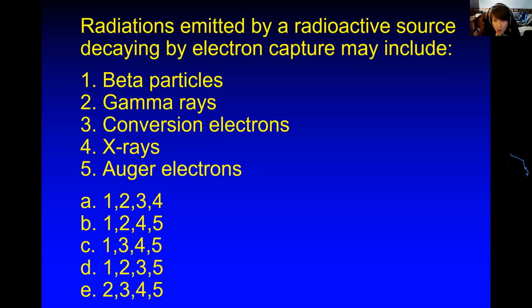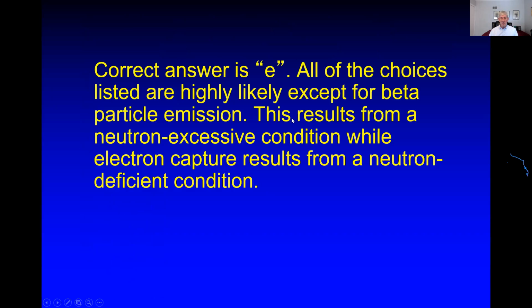You're not going to get a beta particle emitted from electron capture. I guess it's possible it could be a positron because those are competing modes. You would never get a beta particle. So anything with number 1, which is A, B, C, and D, can't possibly be right. Process of elimination, it has to be choice E.